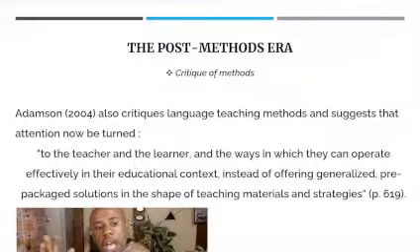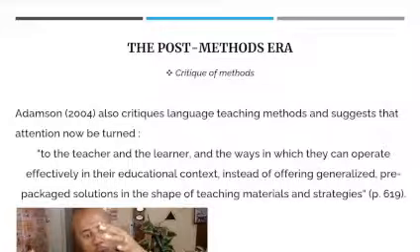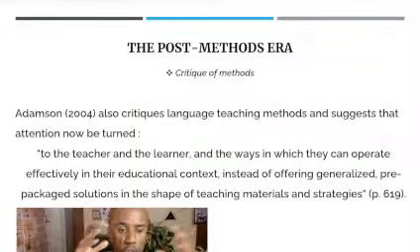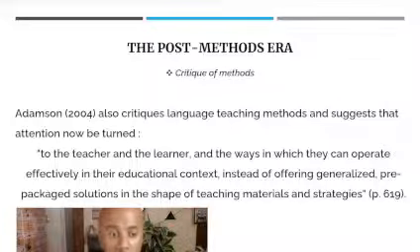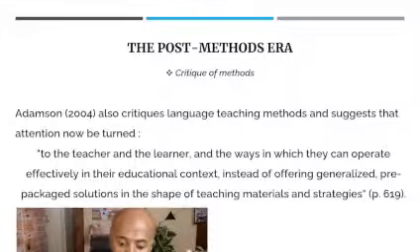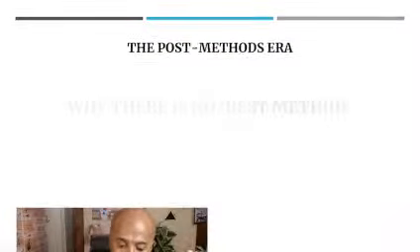Here we would have the development of what we call the teacher-centered approaches and the learner-centered approaches, something that we'll come back to in our subsequent lectures, and the ways in which they can operate effectively in the educational context instead of offering generalized pre-packaged solutions in the shape of teaching materials and strategies. And this is one important criticism.